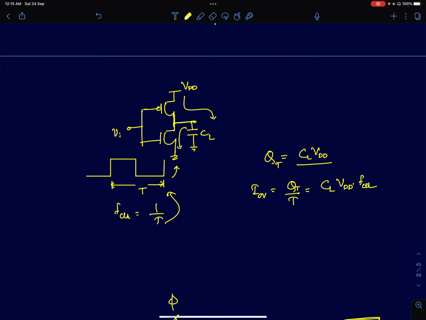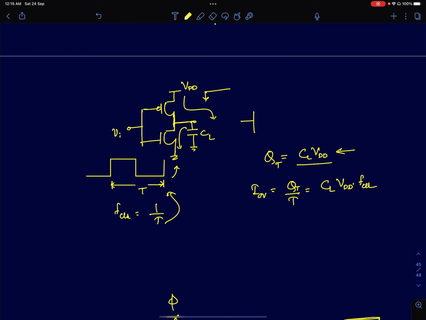Now, as far as the supply is concerned, it's going to think that it's supplying a charge of CL into VDD every cycle. So the total charge it delivers is CL into VDD.